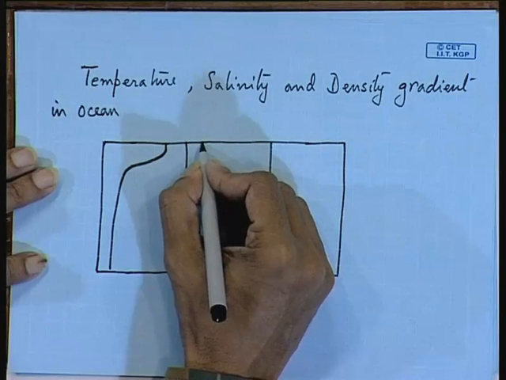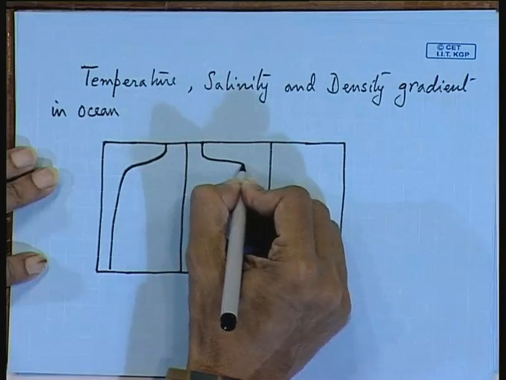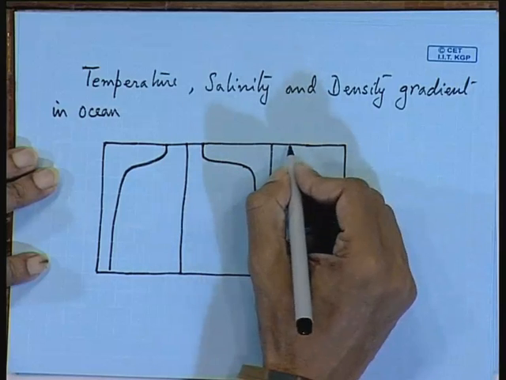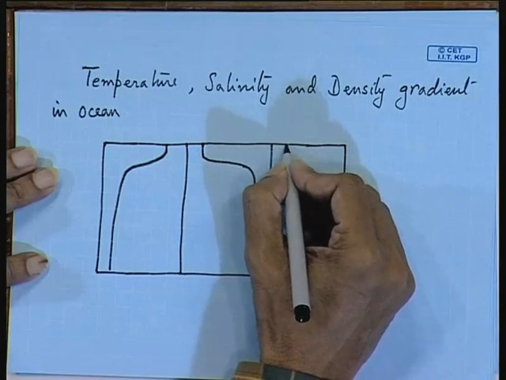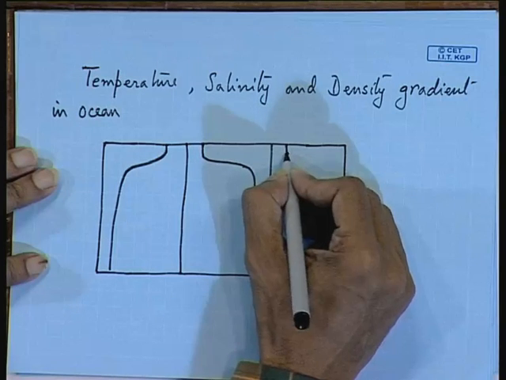Salinity is the opposite. More or less the same is your density incline, but it is sharper.